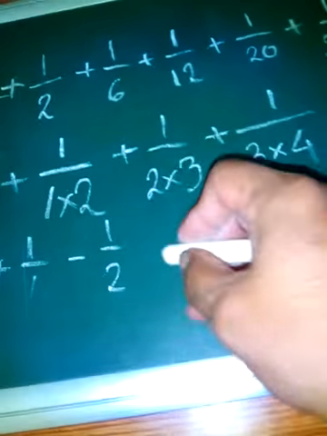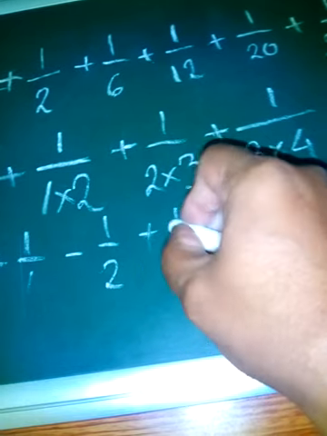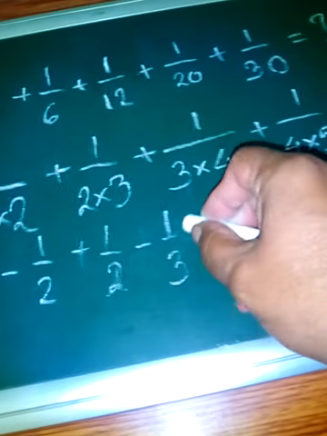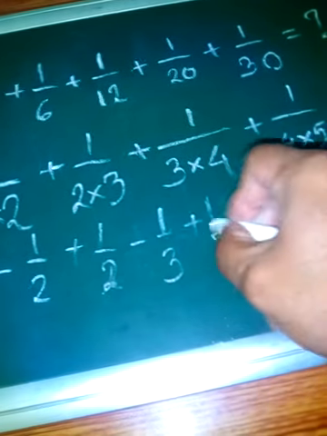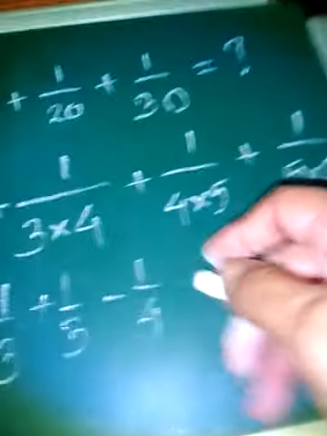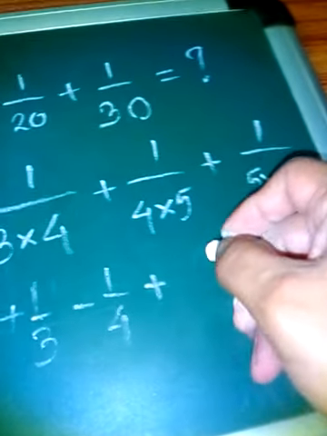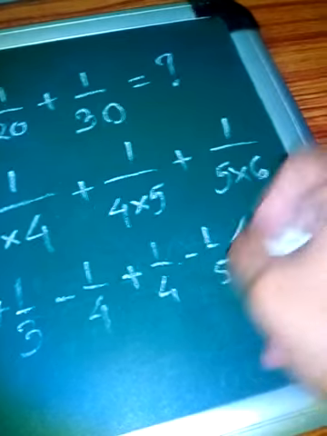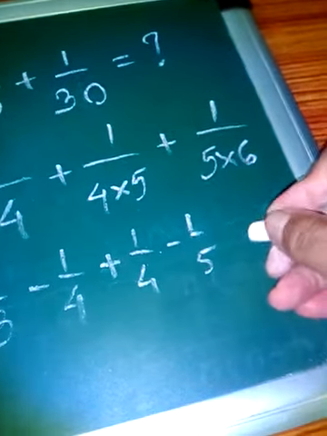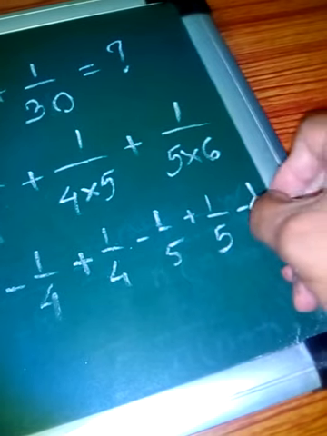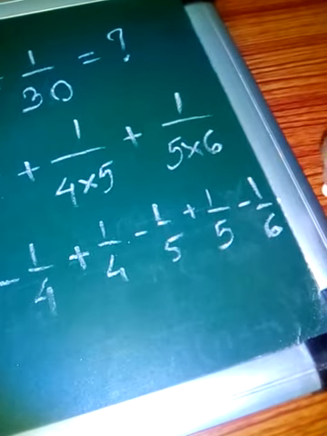Then 1 upon 2 into 3 is written as 1 upon 2 minus 1 upon 3. Then 1 upon 3 into 4 is written as 1 upon 3 minus 1 upon 4. Then 1 upon 4 minus 1 upon 5 for this one. And finally plus 1 upon 5 minus 1 upon 6.